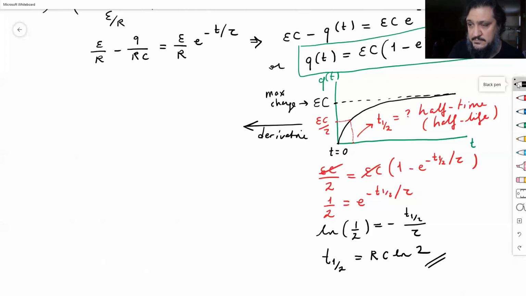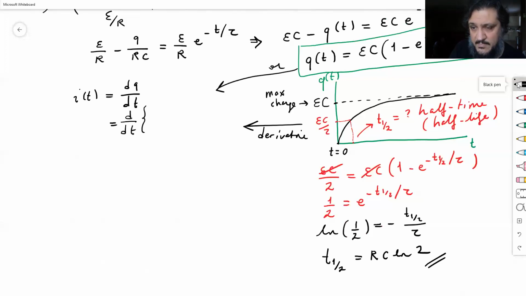All right, so this is your charge. I is equal to dq by dt. EC times 1 minus e to the power negative t over tau. Okay, the first term is a constant. Its derivative is 0.